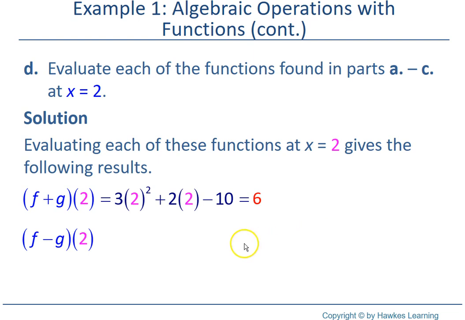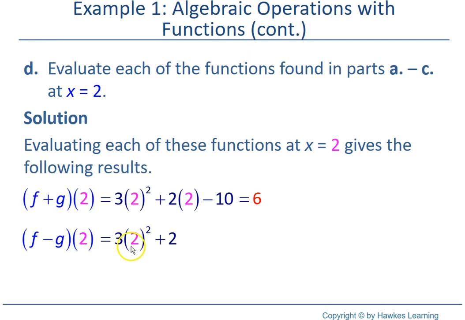Now, when we do the substitution for the subtraction part, which was B, we're going to put a 2 where each of those are. And remember, this is what we had. 3x squared plus 2. X squared is going to be 4.